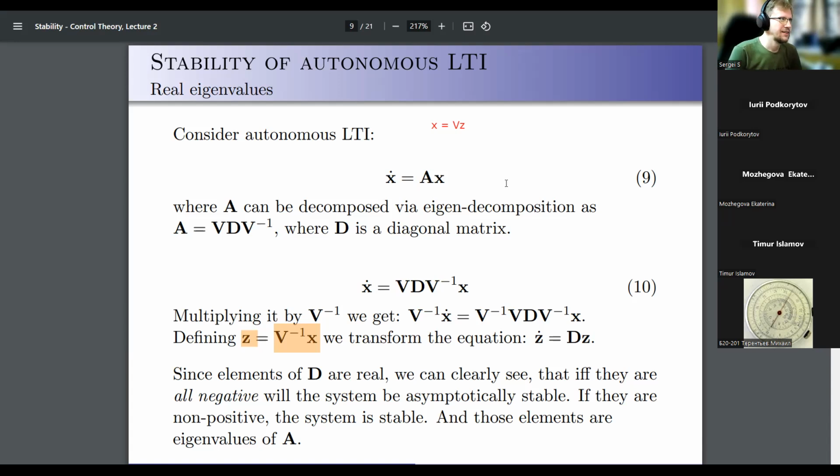The sequence will be different looking, right? It can be rotated, can be stretched, but it is still going to be a convergent sequence, even if you deform it. So convergence of Z implies convergence of X. And this comes from this relation because V is full rank. And V is full rank because we basically define matrix A such that it has a full rank eigenbasis. Okay.